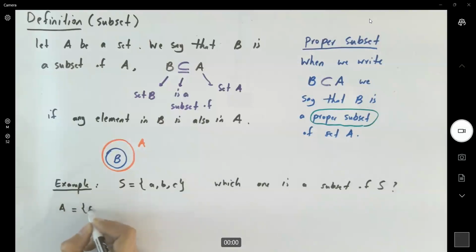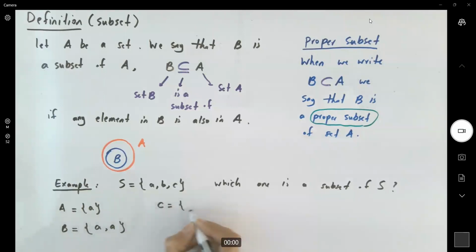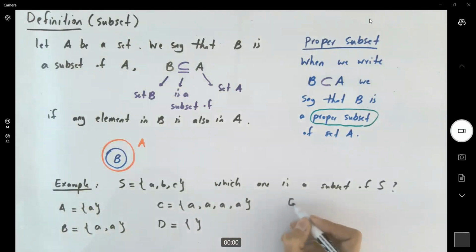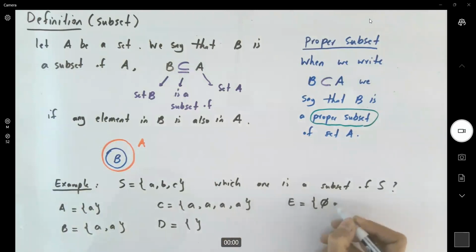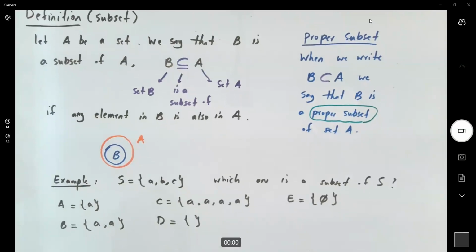A is the set including A. B is the set including A, A. C is the set including A, and A. D is the empty set. E is the set including the empty set. Okay, so which ones are the subset of set S?